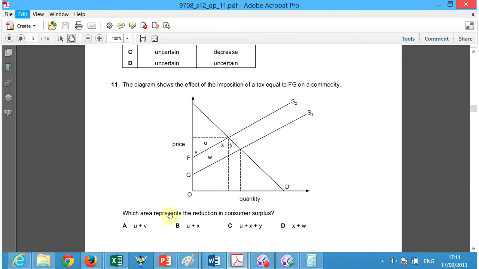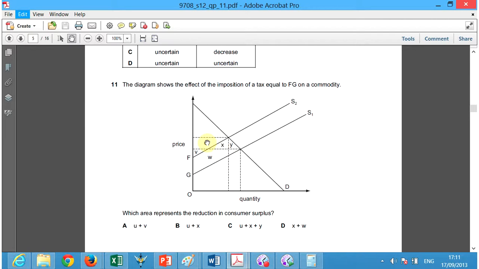Now, which area represents the reduction in consumer surplus? Well, looking at the answer here, if all of this triangle is my consumer surplus, then this square plus this smaller triangle represents the area that I could lose under my consumer surplus.